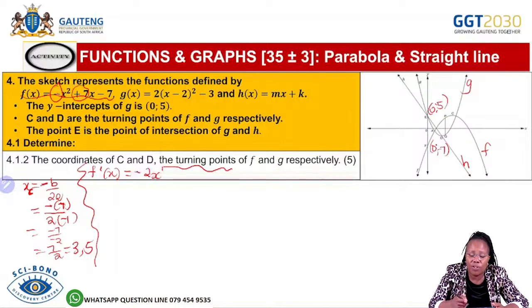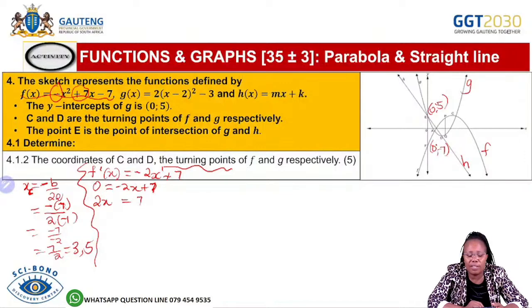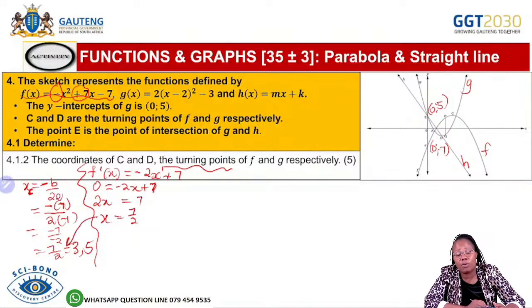And the derivative of 7x is positive 7. You let it equal to 0: -2x plus 7 = 0. Then 2x equals 7. Divide by 2 both sides, therefore x is equal to 7 over 2. Can you see? The same answer, 3,5.